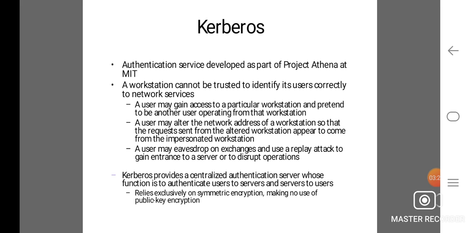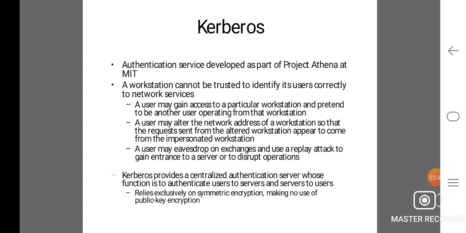A user may alter the network address of a workstation so that the requests sent from the altered workstation appear to come from the impersonated workstation. A user may eavesdrop on exchanges and use a replay attack to gain entrance to a server or to disrupt operations. Kerberos provides a centralized authentication server whose function is to authenticate users to servers and servers to users.